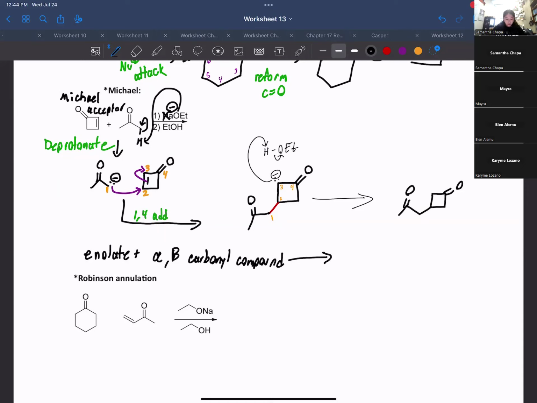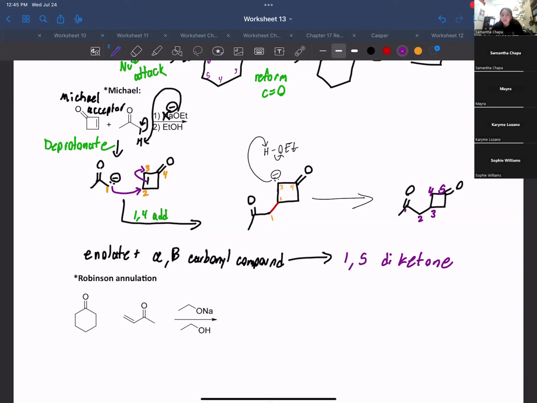And so for your Michael reaction, you need an enolate, which we created, and you need your alpha beta compound, which is your Michael acceptor. And you will create a 1, 2, 3, 4, 5, a 1,5 diketone. Because at positions 1 and 5, you have 2 ketones.